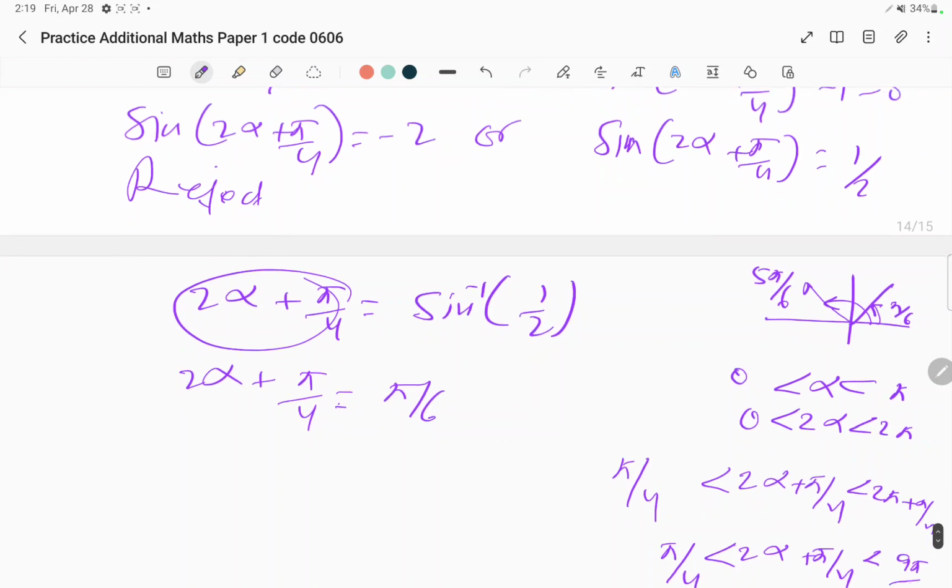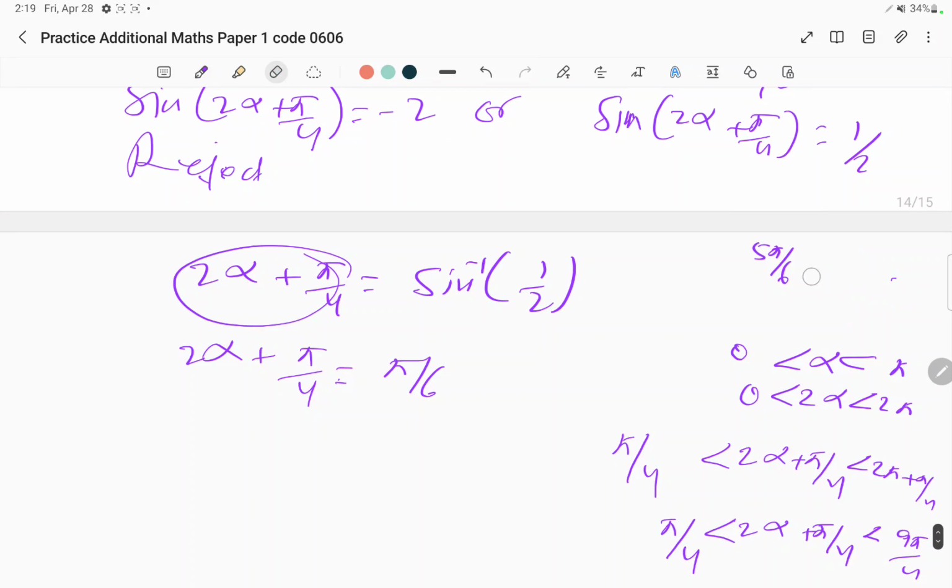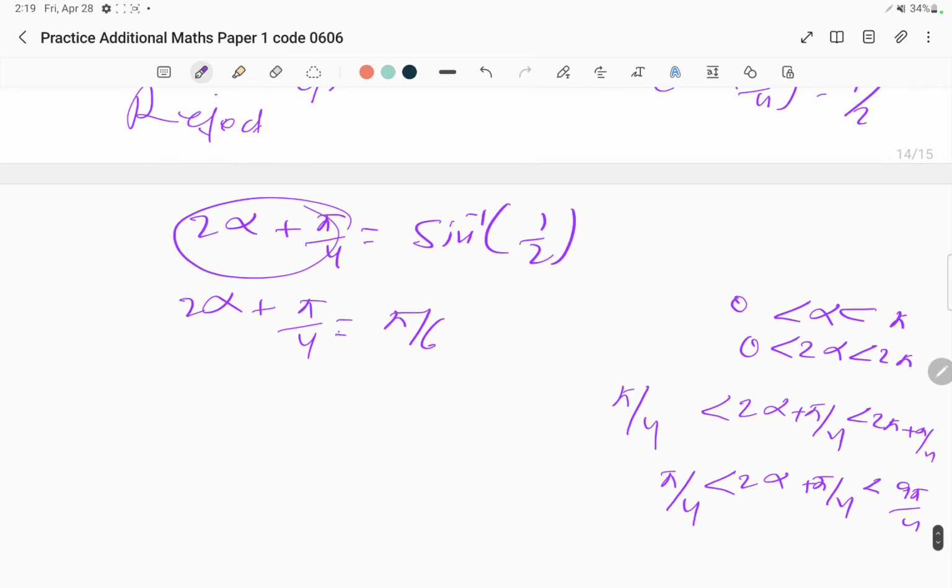Okay, so we are here now. Let me do this again. Sine is positive, so in this quadrant or in this quadrant. So this is pi by 6. This is pi minus pi by 6. But this time it can be greater than 2 pi also.